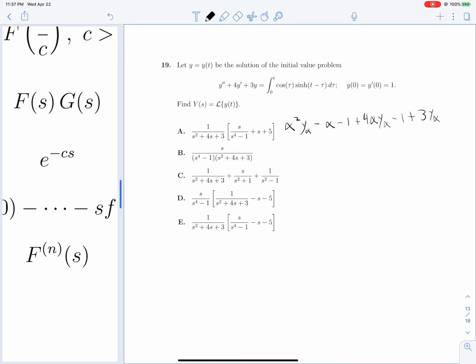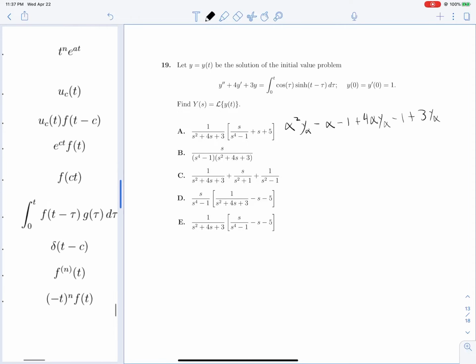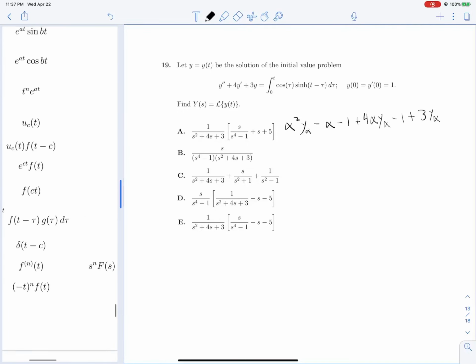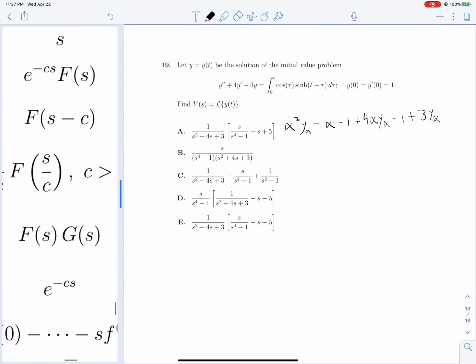What about the right side? Well, the convolution of f and g, this is our convolution theorem. This tells us that the Laplace transform will just be the Laplace transform of f times g multiplied together.